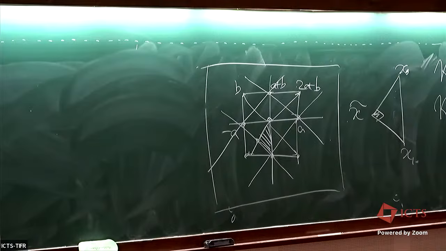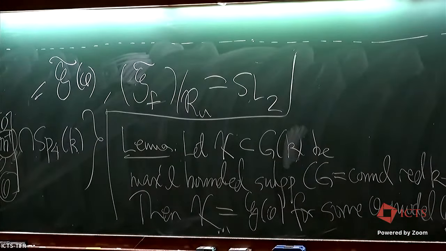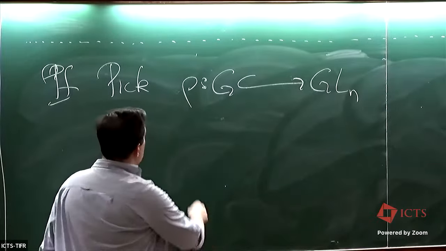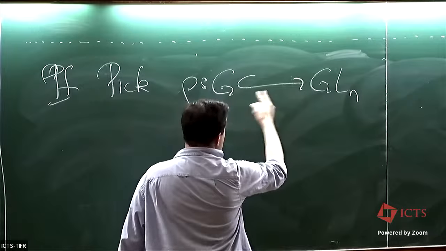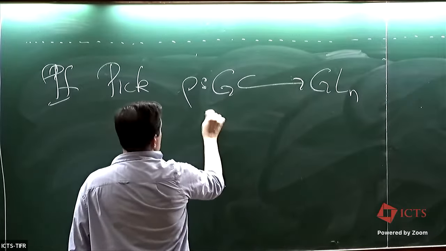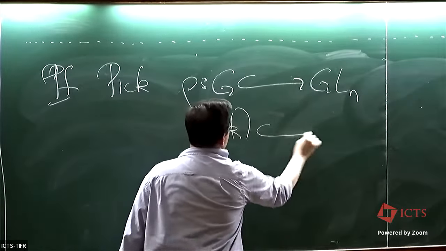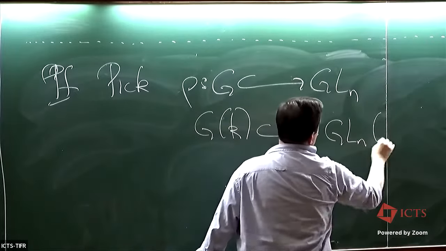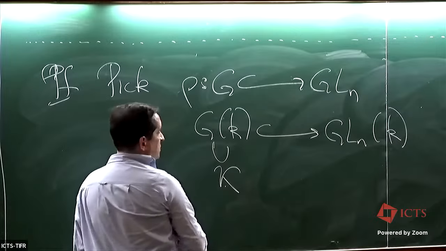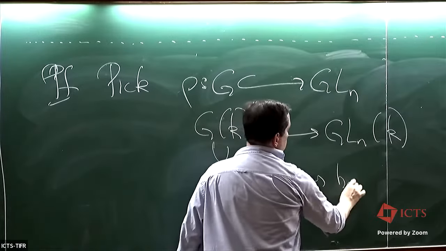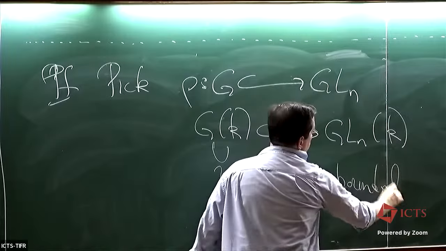So the idea is very beautiful, very simple. Let's pick a closed embedding of G into some GLN. And so we get this G as a closed subgroup of GLN of K. Correspondingly, this K here goes over to some bounded subgroup inside here, right?